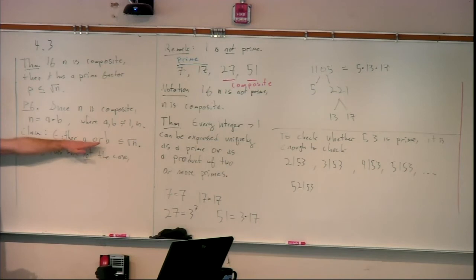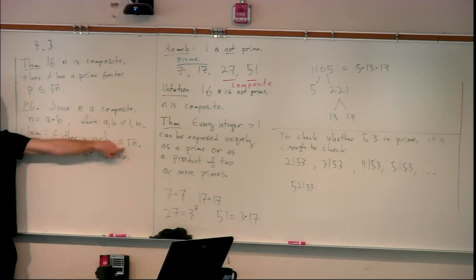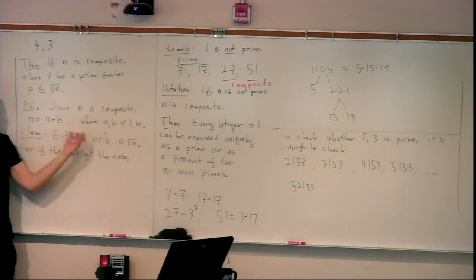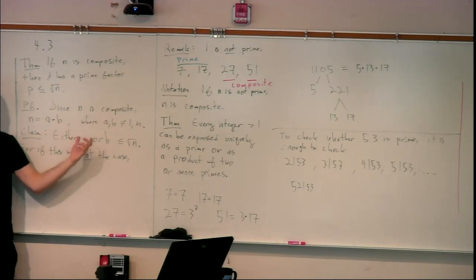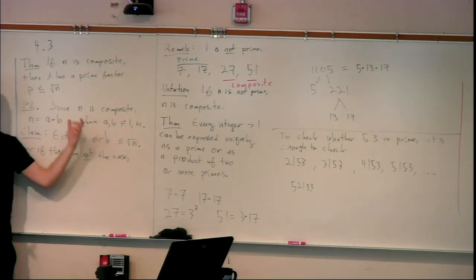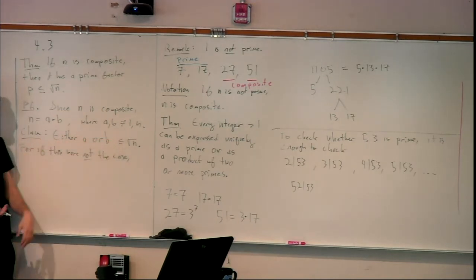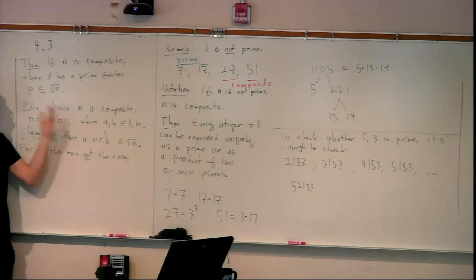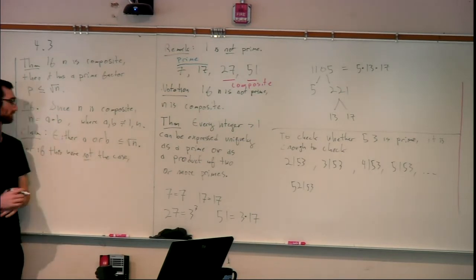so I'm negating the statement that either a or b is less than or equal to the square root of n. To negate an or statement, I need to negate each part and have an and statement. So the negation is a is greater than the square root of n, and b is greater than the square root of n.